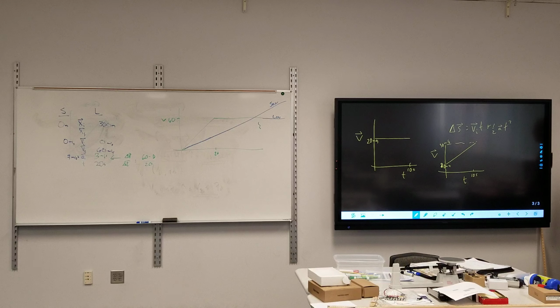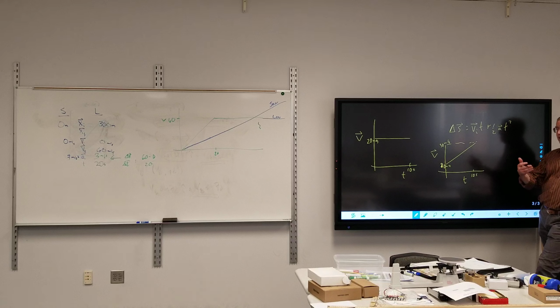What generalization can we make between the velocity time graph and displacement? The total displacement? It'd be overall displacement, but what? Wait, repeat the question one more time? If I give a velocity time graph, what does that tell me about displacement in general?